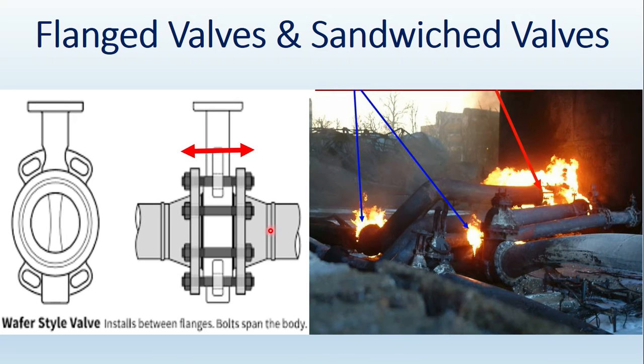So what happens whenever there is a fire in the plant? When there is a fire there will be a rise in temperature. So when the rise of temperature is exposed to the extra long bolt, the length of this bolt is greater as compared to the length of the bolts in a flange joint.